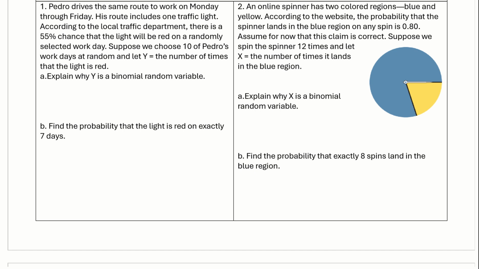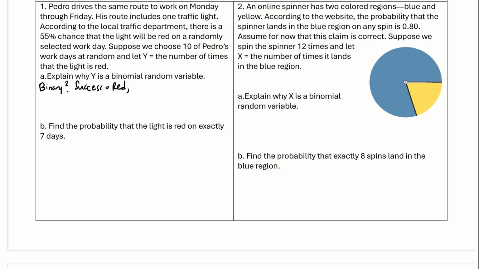Okay, so first off, binary. Yes, right? So we get success is getting red, right? So success is red.